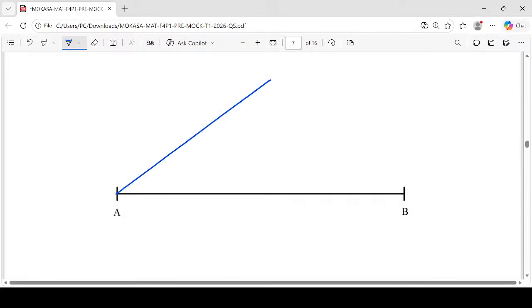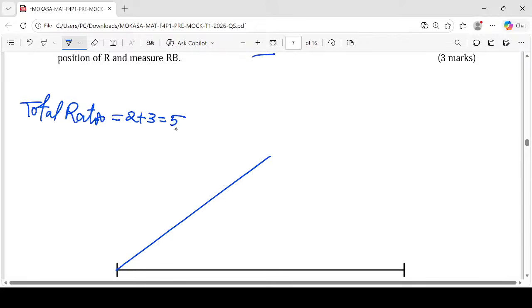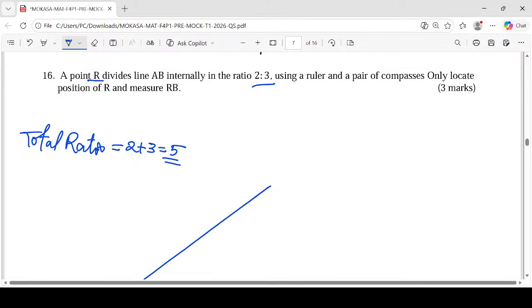After drawing that particular line, I'm going to subdivide this drawn line, the bluish line, into 5 equal parts because the total ratio is 5.